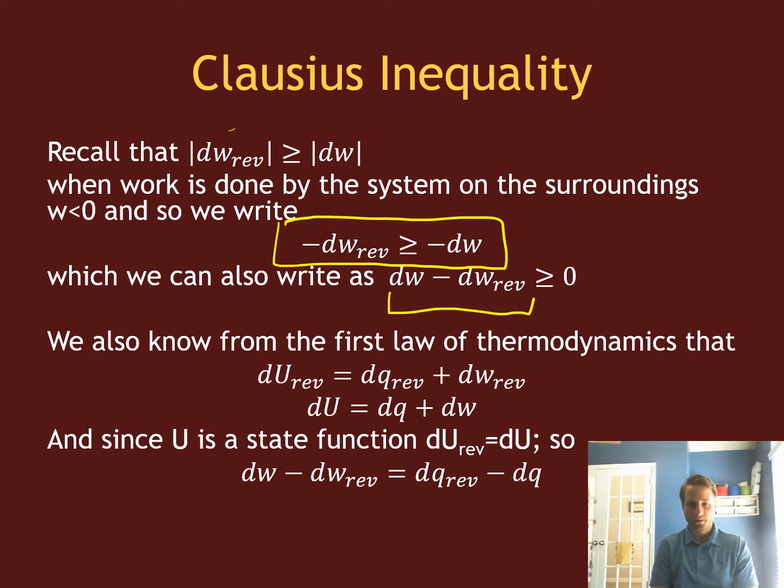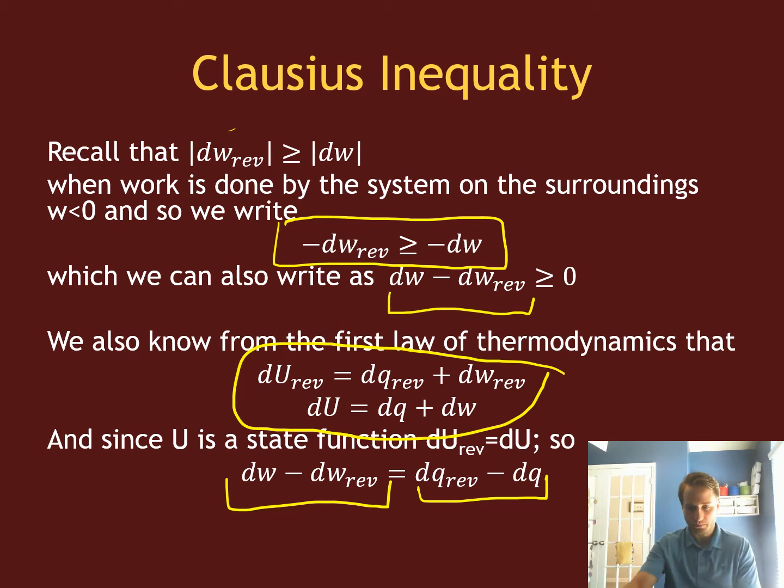I'm going to use the fact that the change in internal energy is related to the amount of heat transfer and some amount of work done, and that internal energy is a state function. So dq reversible plus dw reversible has to equal dq plus dw. I'll rearrange that to have dw minus dw reversible equal to dq reversible minus dq.